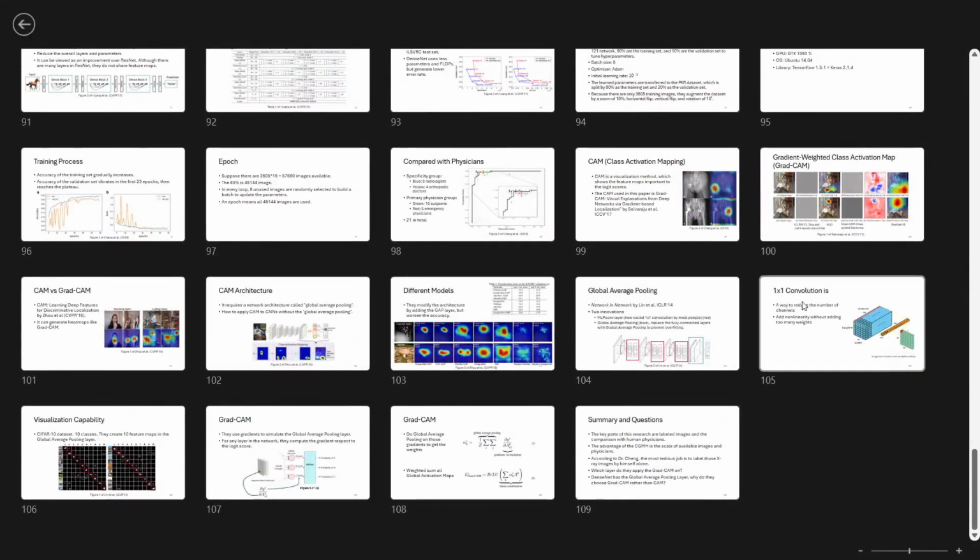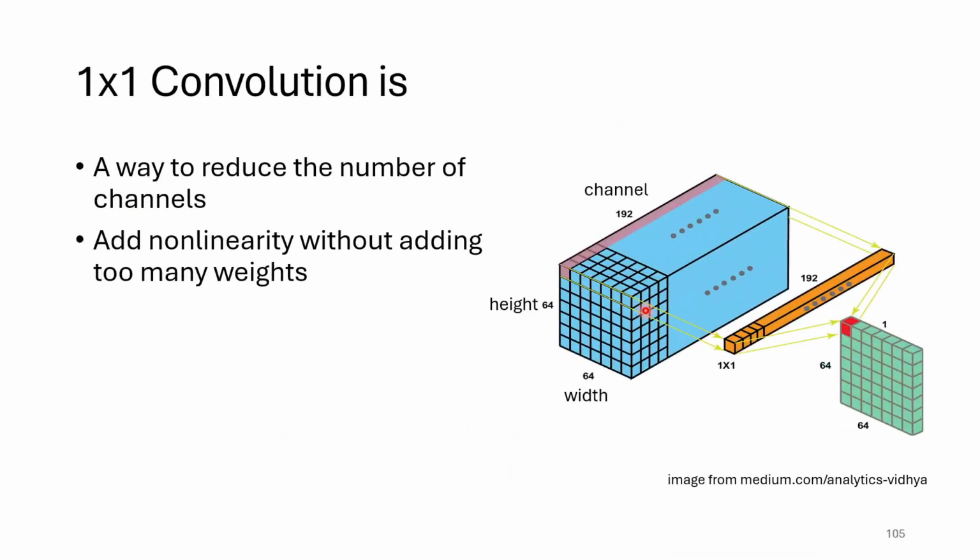One-by-one convolution means this. So this is a layer. There are height, width, and many channels. One-by-one convolution means they use a one-by-one kernel. If they convolve the layer with it, they will learn a set of parameters in the kernel, and it will sum those channels up into a single channel.